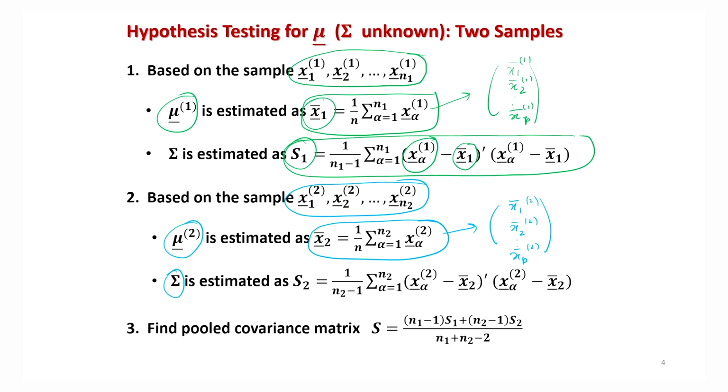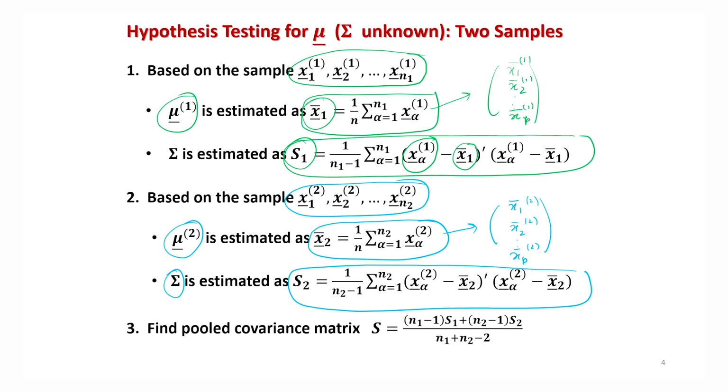And similarly this sigma is estimated by S2, which is 1 upon n2 minus 1, summation alpha goes from 1 to n2, x alpha 2 minus x bar 2, transpose into x alpha 2 minus x bar 2.